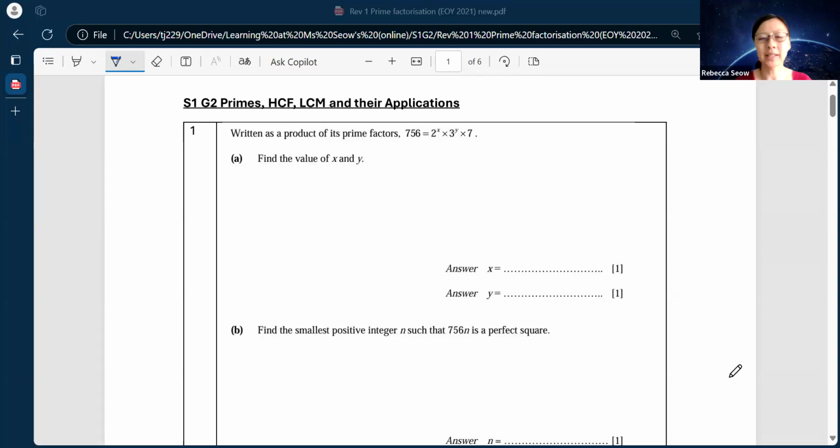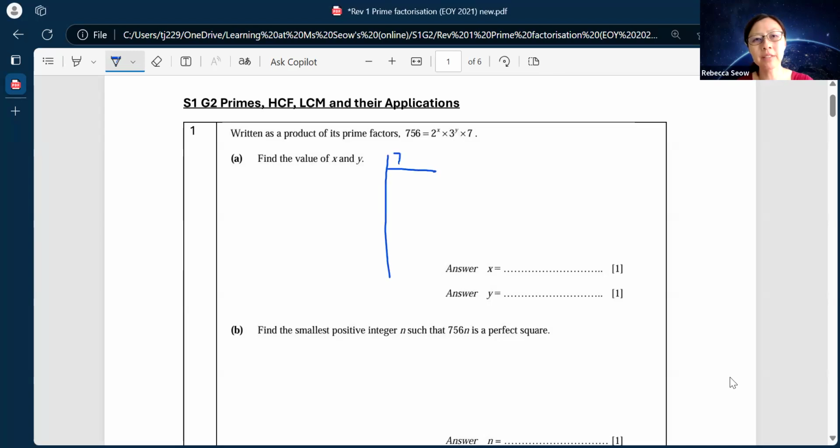Now, if you look back at the question, 756 is basically being split up into its prime factors. So therefore, this question requires us to do prime factorization of 756 so that we can find the powers of x and y respectively.